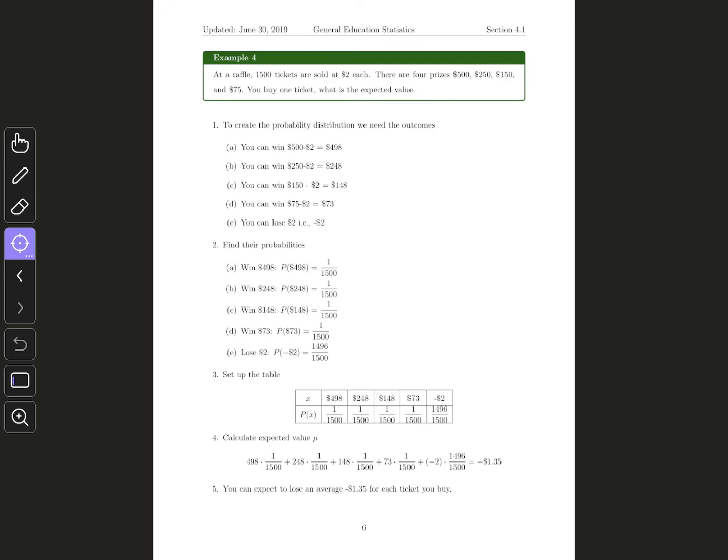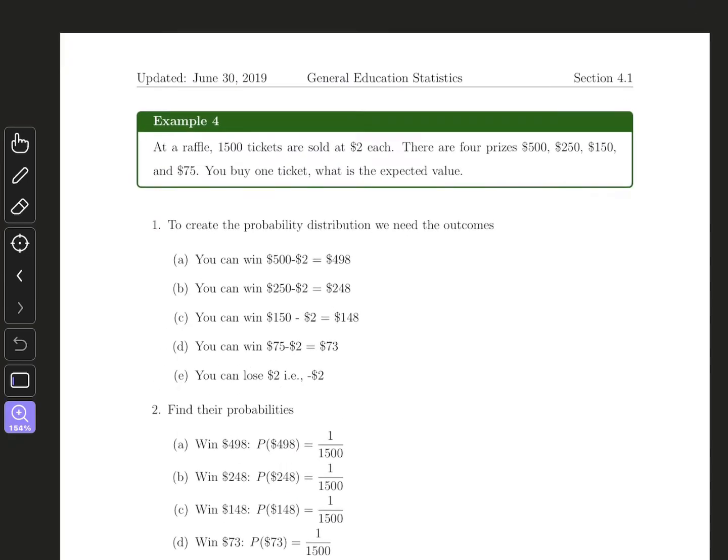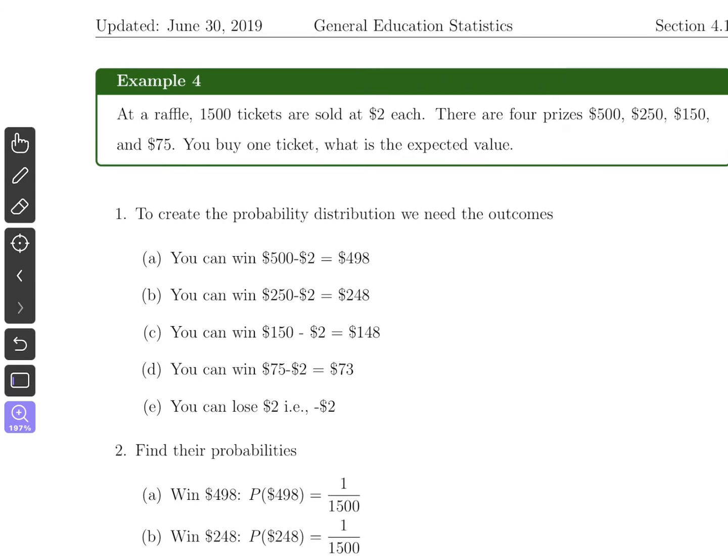Okay, but here's the example, and everyone's probably done a raffle before. So at this raffle, 1,500 tickets are sold at $2 each. So you want to play the raffle, throw in $2, and you'll get a ticket. Now, there are 4 prizes available: 500, 250, 150, 75. I actually sort of want to change this around a little bit.